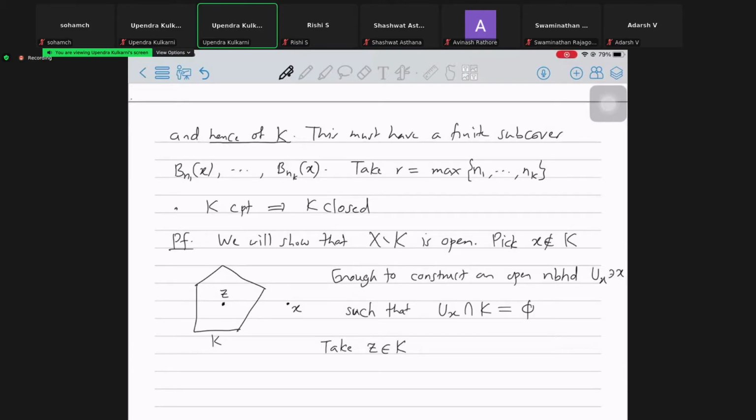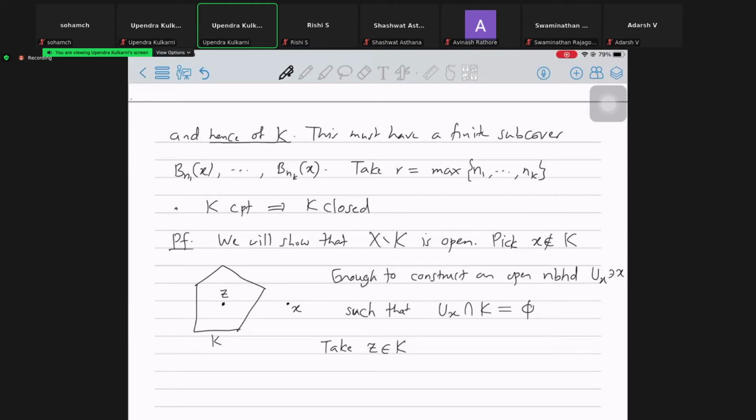For the Z that I have drawn, I may need some distance. But as I take Z closer and closer to X inside K, maybe the required radius will keep going down without any limit. Maybe the limit of all of these required R's is 0. And in which case I'm in trouble, no?